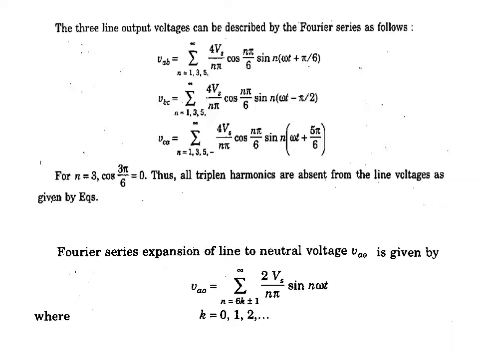So for a linear star connected balanced load, the phase or line current can be obtained from the Fourier expansion of VA0. Similarly, the expressions for VB0 and VC0 can be obtained by replacing omega t by omega t minus 120 degrees and omega t minus 240 degrees respectively.